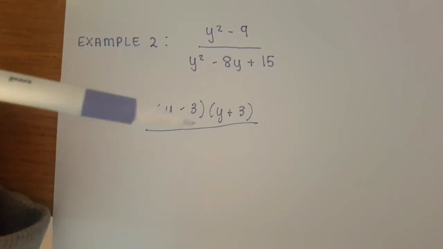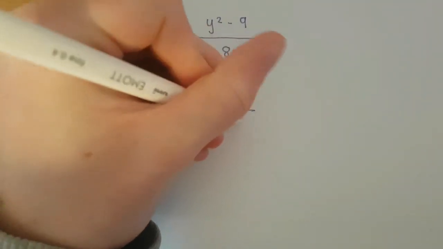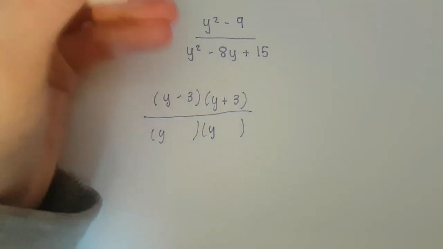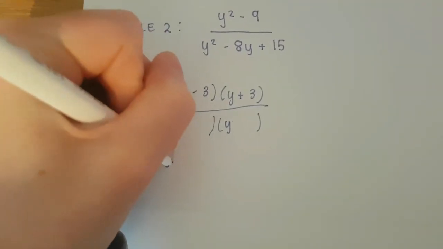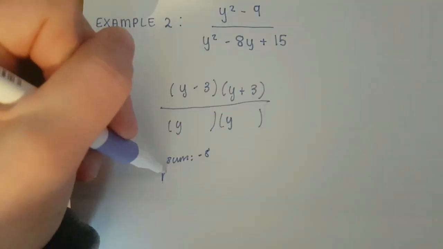Even though we shouldn't be looking for this, we know that one of the terms is probably going to be one of these two here. So I know I'm going to have two brackets, both containing y because it's y squared. My sum is minus 8. My product is positive 15.